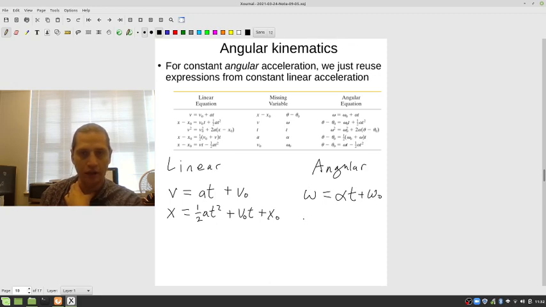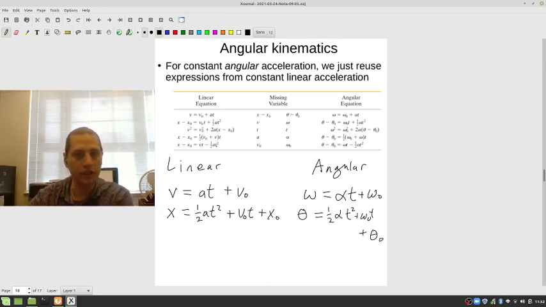The analog for the displacement would be theta equals 1/2 alpha t squared plus omega naught t plus theta naught. All they're doing in each of these equations is replacing x with theta, v with omega, and a with alpha. Everything else is the same math, the same model.